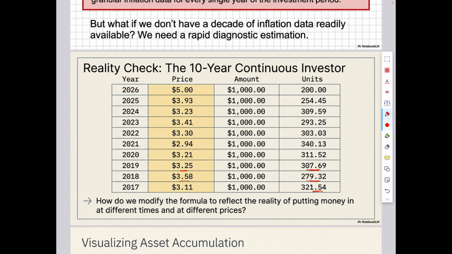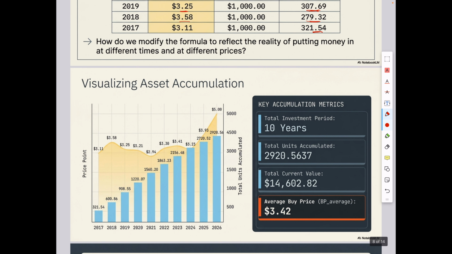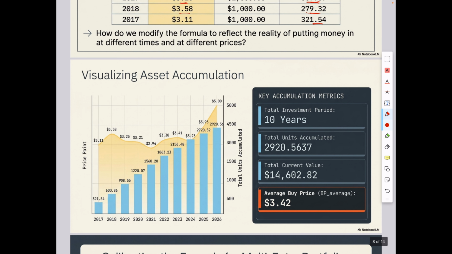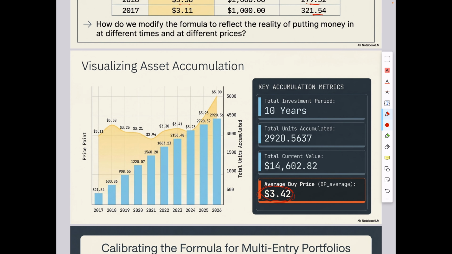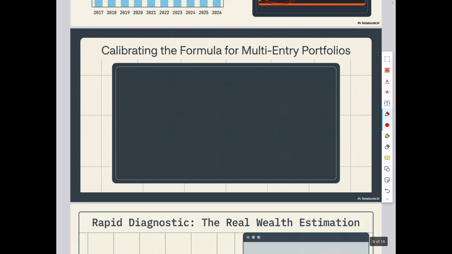So how do I actually modify my formula to reflect the reality of putting in money at different times and at different prices? What I actually do is, I just need to calculate the average buy price of my ES3. Yes, it is a very rough gauge, but it's fine because I don't need a very precise number. I just need to know the smoothed-out rate, so that at least I know I'm under the water or above the water. So I calibrate this formula accordingly.